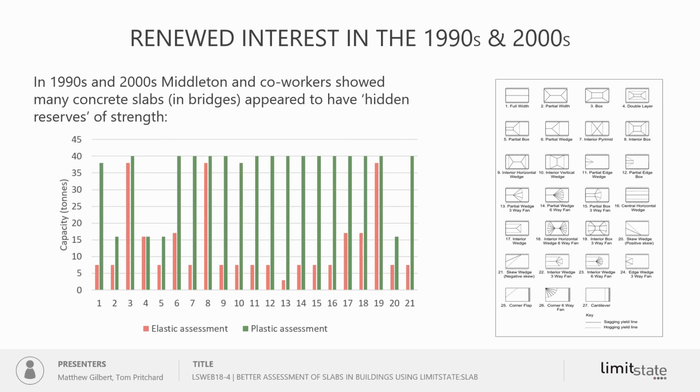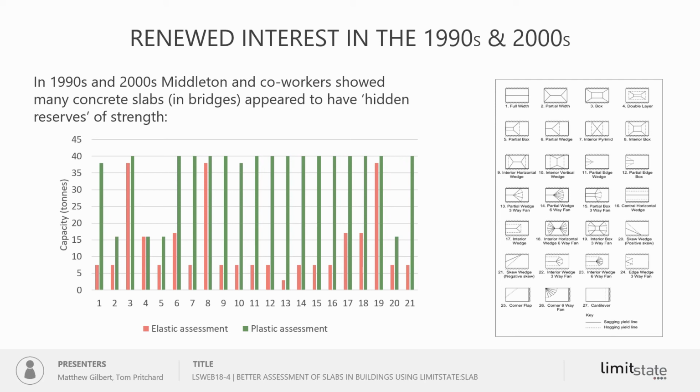In terms of interest in the method in the 1990s and beyond, Cam Middleton and colleagues at the University of Cambridge looked at quite large numbers of concrete slab bridges, and they identified that if you used the yield line method, or plastic methods in general, you could realize significant benefits in terms of load carrying capacity.